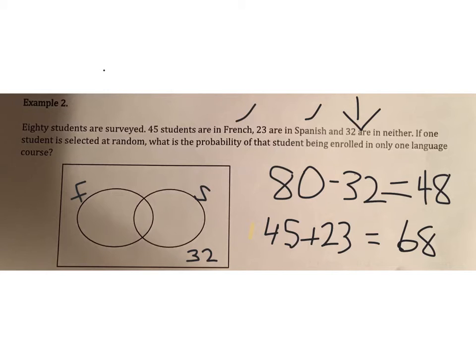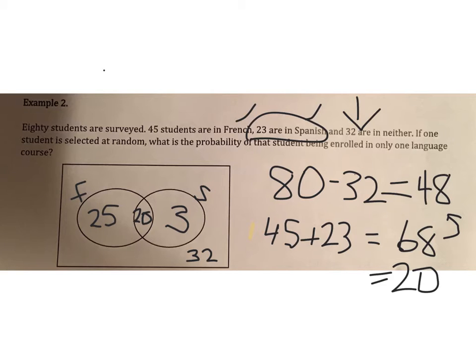So if we take the 68 and we subtract the 48, that means we're over by 20 students. So those 20 students have been counted twice, and those 20 students need to go in the middle, in the overlap space, right? And now we know 23 in total are Spanish, so we can do 23 minus 20 to get those remaining 3. And then 45 in total are in French class, so we need to do 45, take away the center number to get the 25.